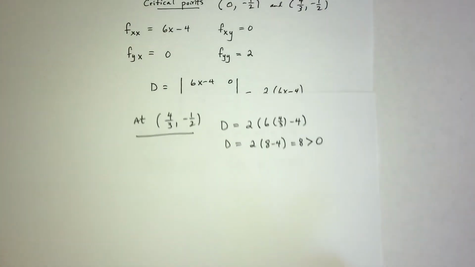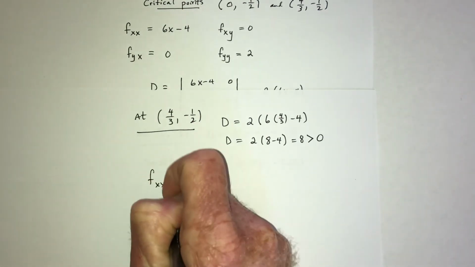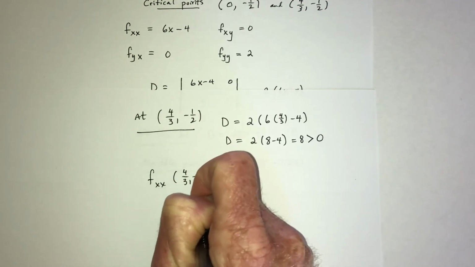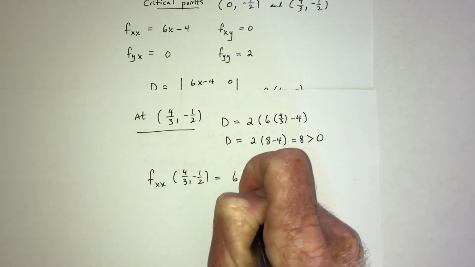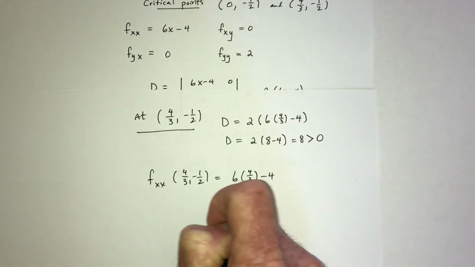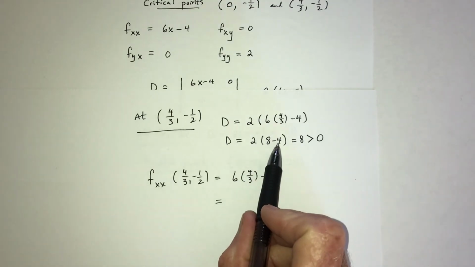So 6x minus 4. So the second derivative, when you plug in 4/3 and negative 1/2, will be 6 times 4/3 minus 4. So that is going to be, well, that's just this part in the parentheses.